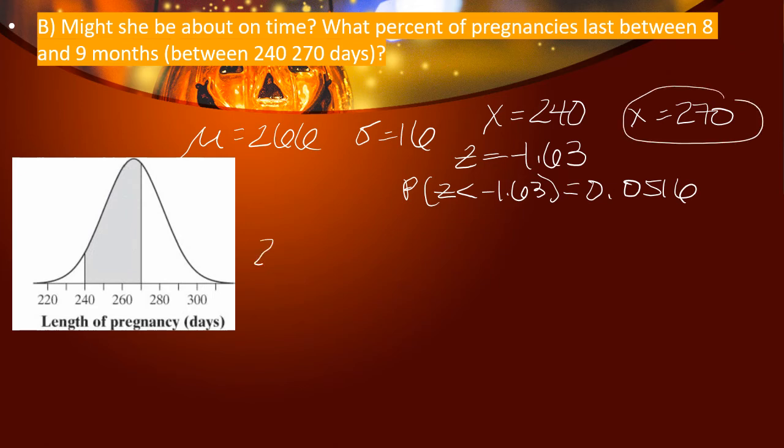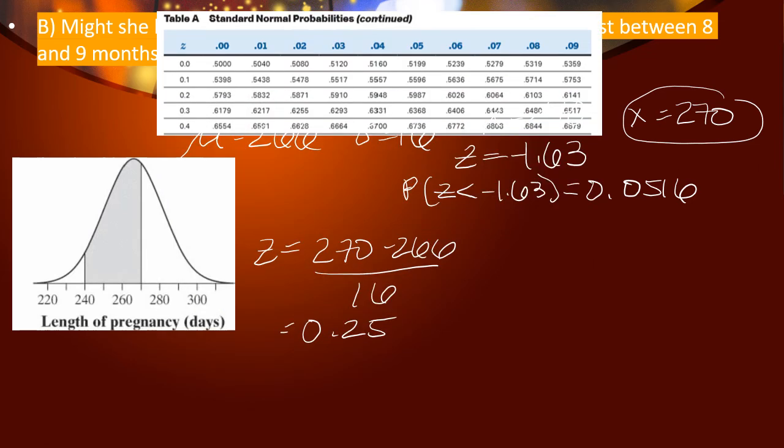So we're going to do a z-score for 270: that's 270 minus 266 divided by 16. And that gives us a z-score of 0.25.